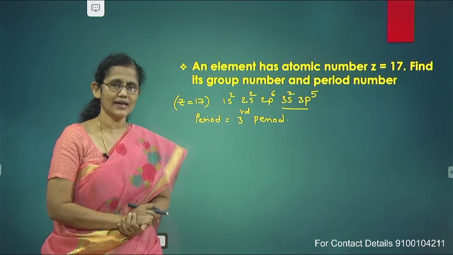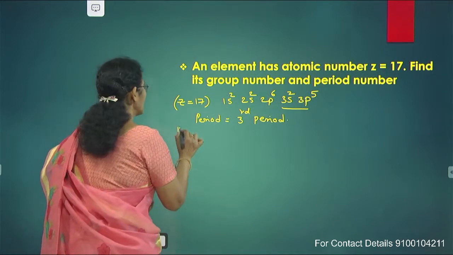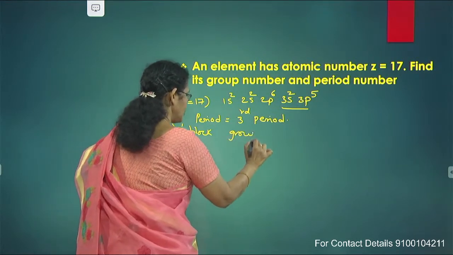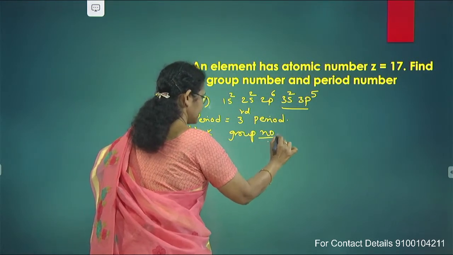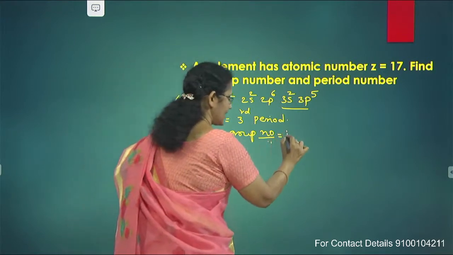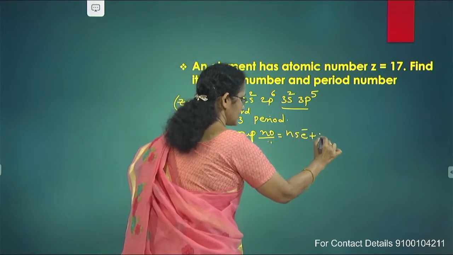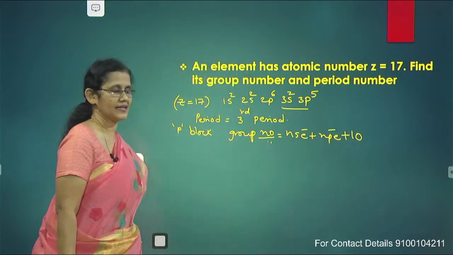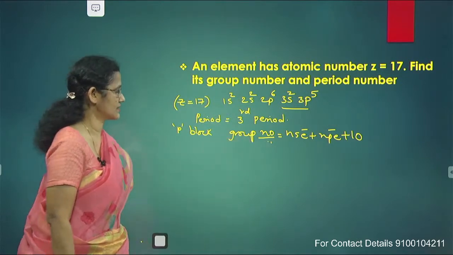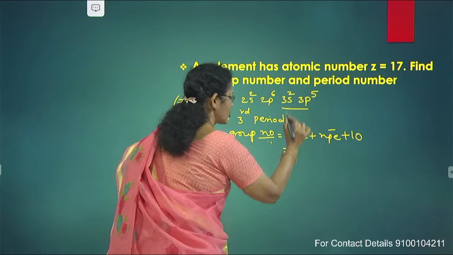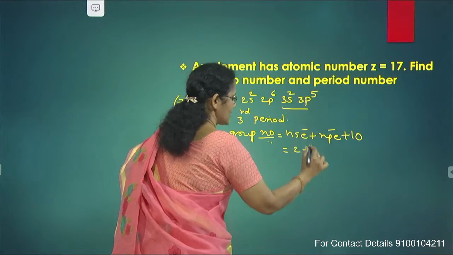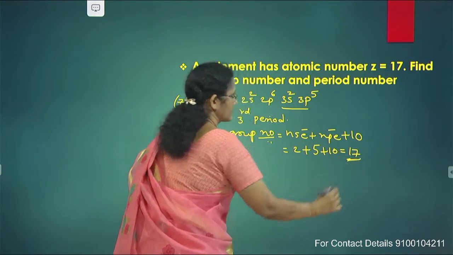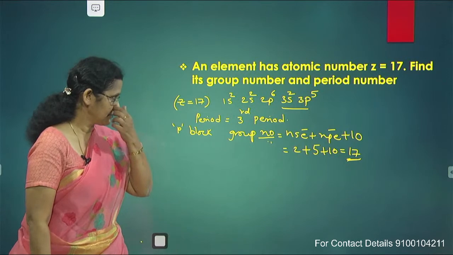So for the p block, how to calculate the group number? Group number is equal to ns electrons plus np electrons plus 10. We must know this formula. Ns electrons 2, valence shell np electrons 5, plus 10, so the total will be 17.